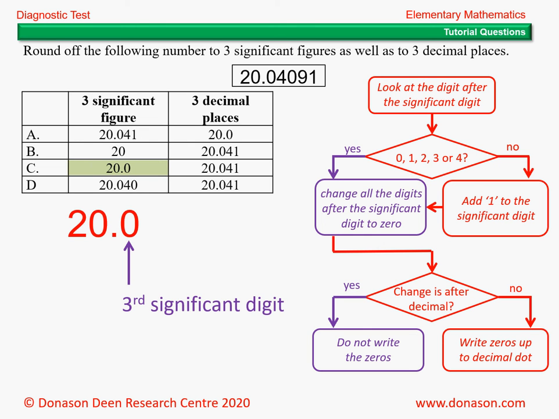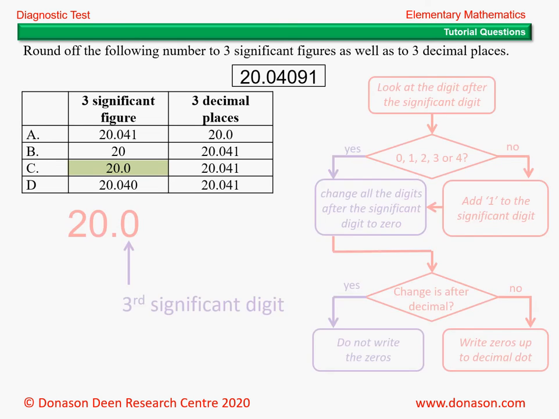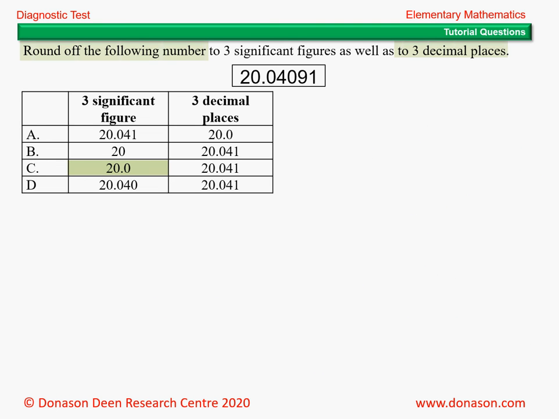So you just keep following this sequence or flow chart, and you will be able to get the right number of significant figures. This is the methodology of how you should be thinking and doing. Now let's look at how to round off to 3 decimal places. Significant figures are different from decimal places.